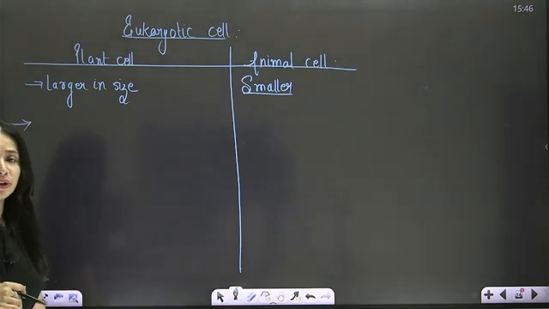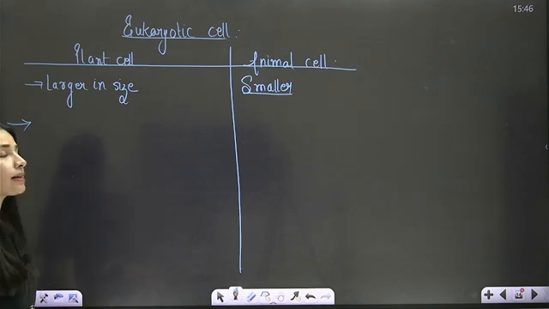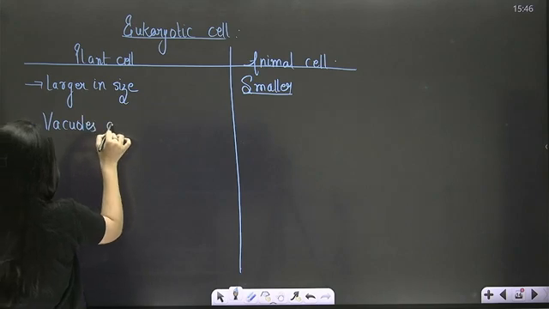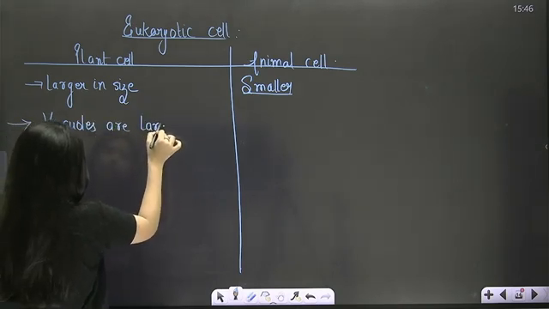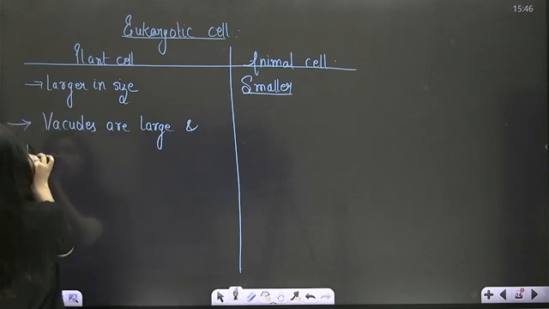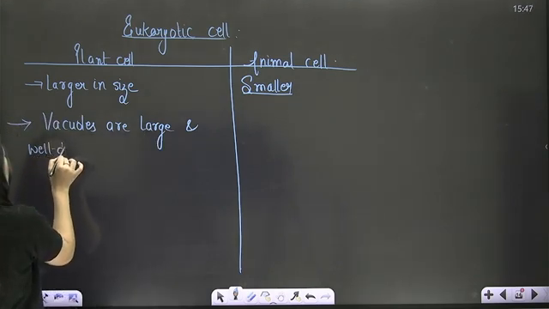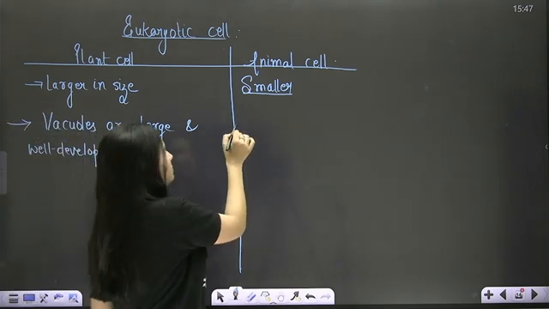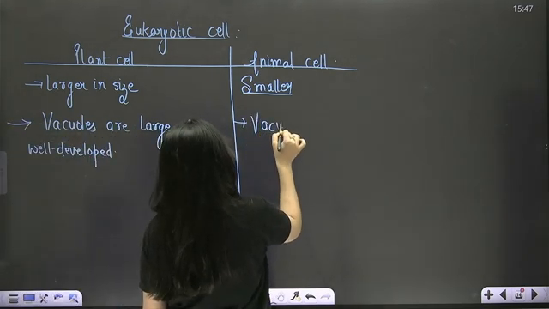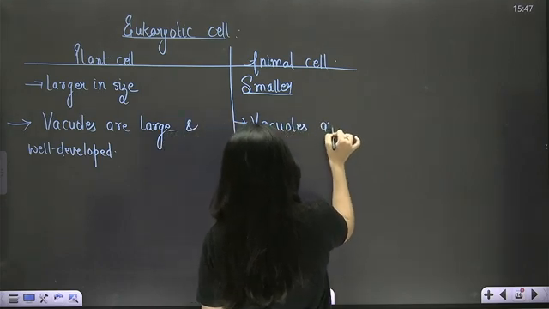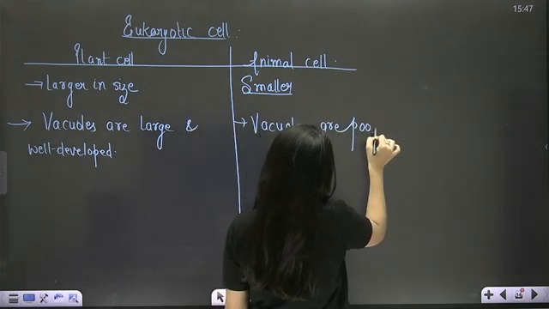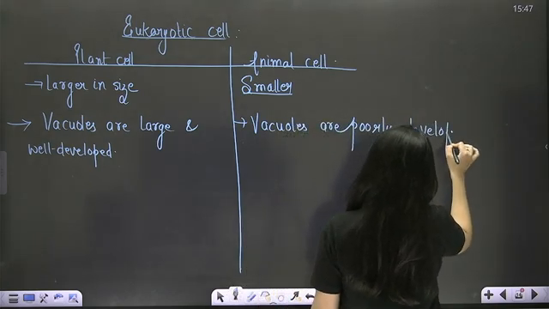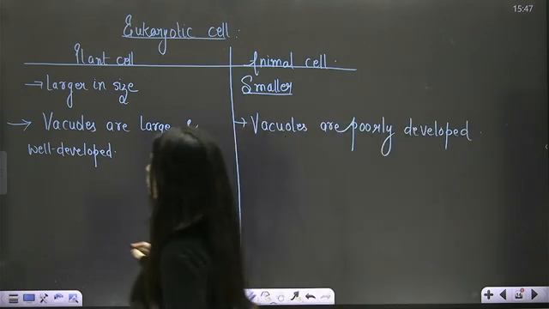Second point of difference is that in plant cell, vacuoles are centrally placed. Vacuoles are large and well developed, whereas in animal cells, vacuoles are poorly developed or even absent sometimes, right?